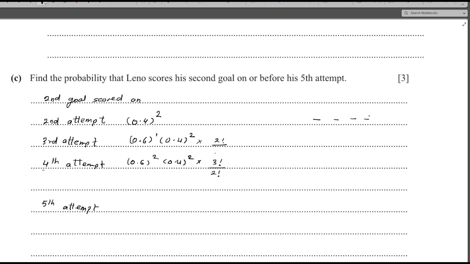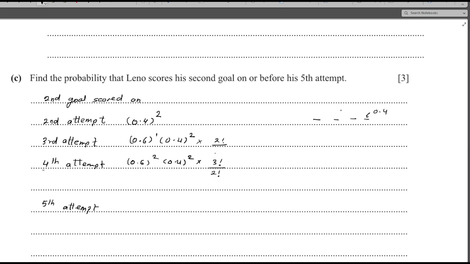So in the fourth attempt you are scoring, so it is 0.4. Now in these 3 places you have 2 values which are 0.6 and one value which is 0.4. So if I see all the possible arrangements, it is going to be 3 factorial divided by 2 factorial, because 0.6 and 0.6 are similar.